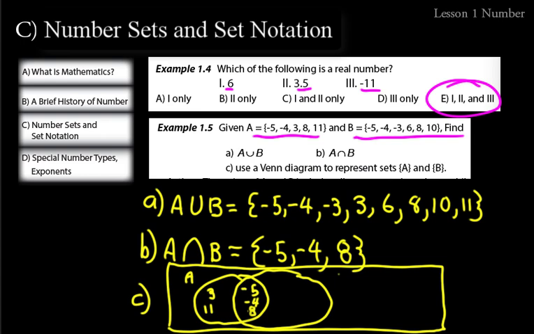And we'll say B is over here. And then those numbers that are in B but that aren't part of the intersection, I'll put those out here, like that. So do you see how we put the intersecting numbers inside right there where those two circles overlap. So that's how you use a Venn diagram to describe the similarities and differences between two or more sets.